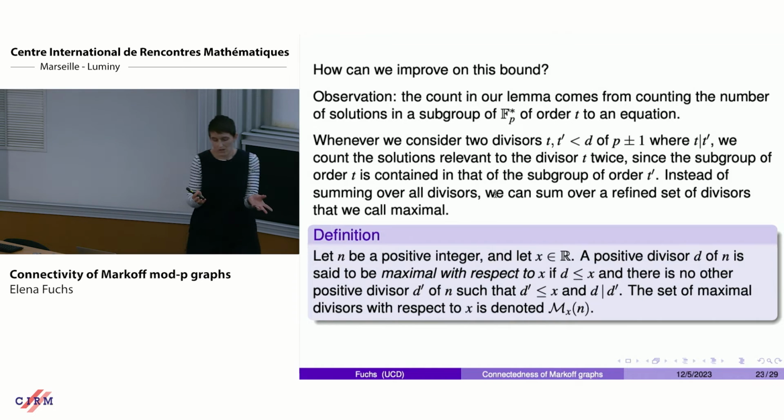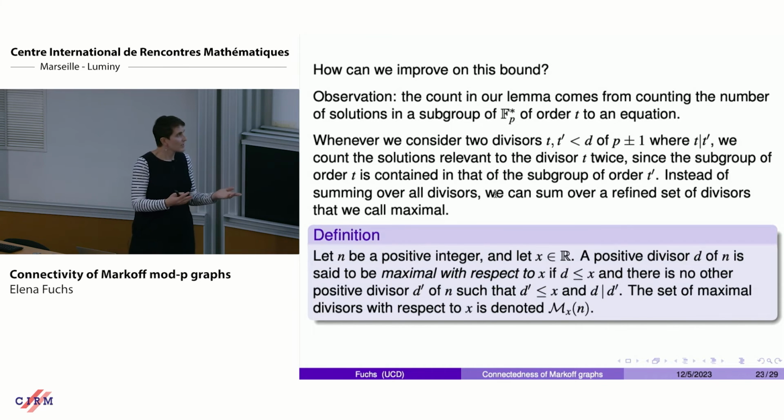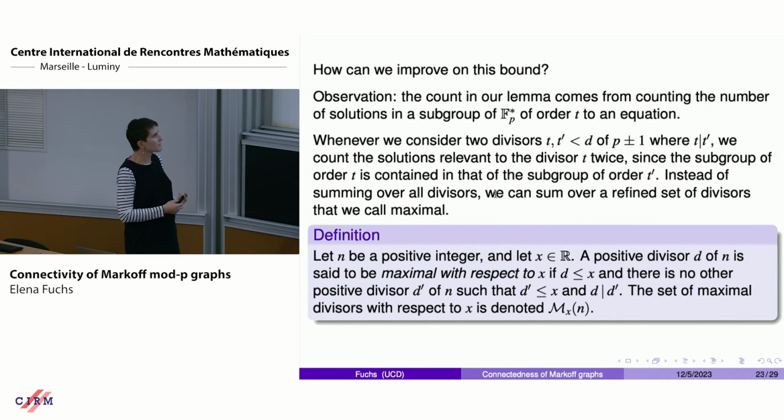So if you look at all maximal divisors of 12 with respect to 7, say, that would be 6 and 4, because 2, 3, and 1 won't count because they divide either 4 or 6. If you look at all maximal divisors with respect to 12, well, that's just 12. So it changes depending on x.